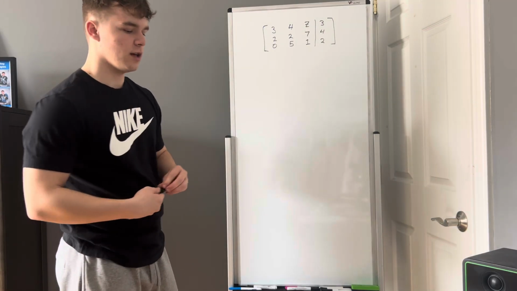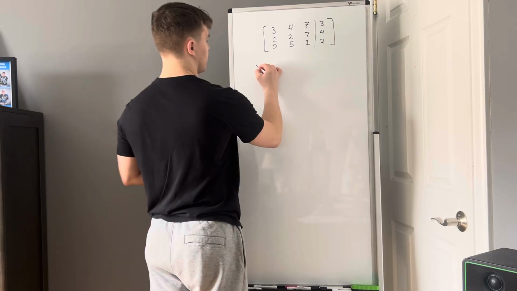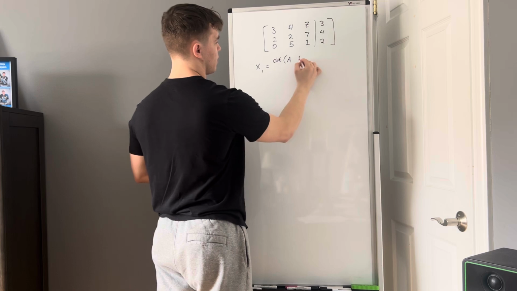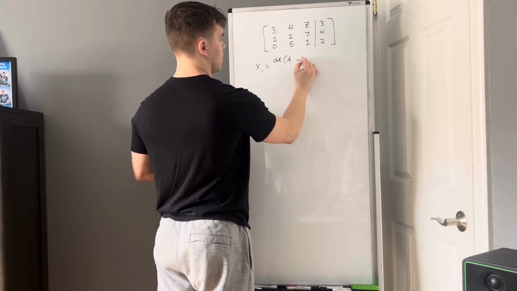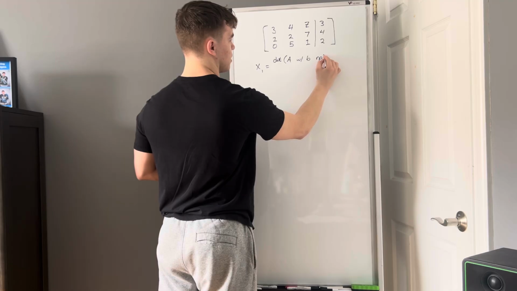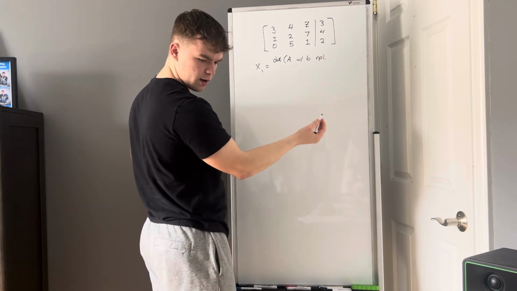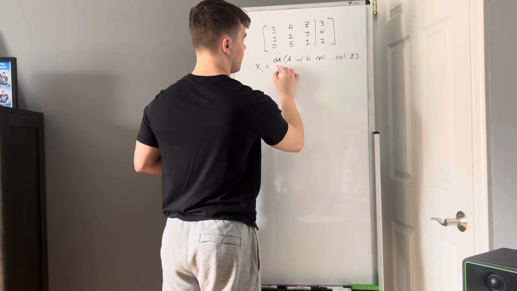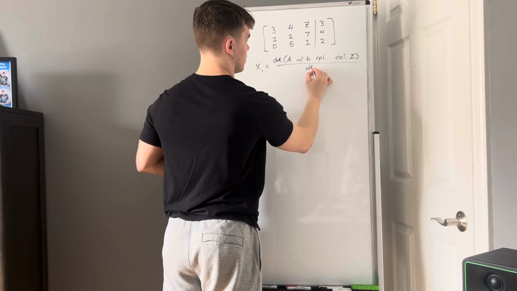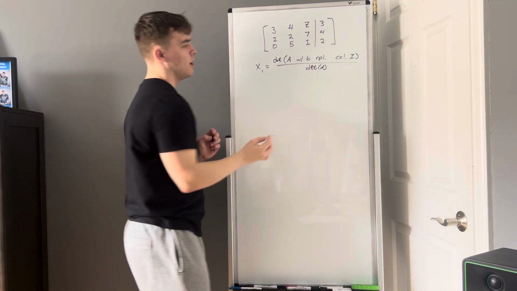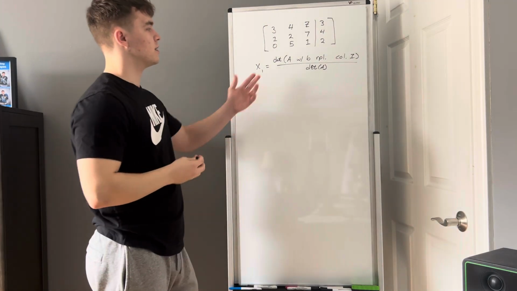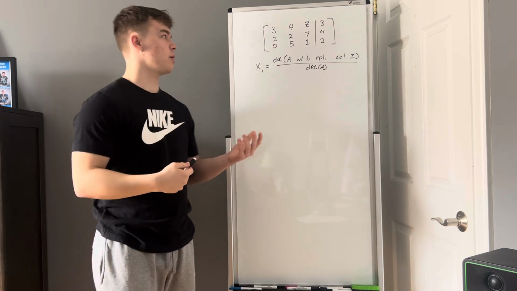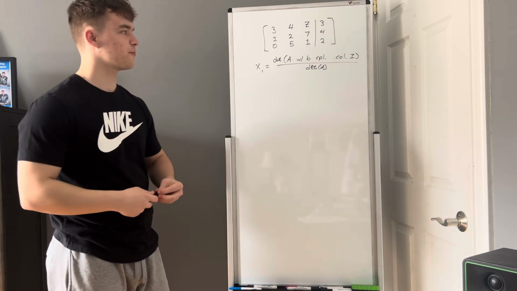So what we can do is say that x1 is the determinant of A with B replacing column 1, divided by the determinant of A. And it goes on: x2 is the determinant of A with B replacing column 2, and x3 column 3, and so on and so forth. You could do this for any size matrix.